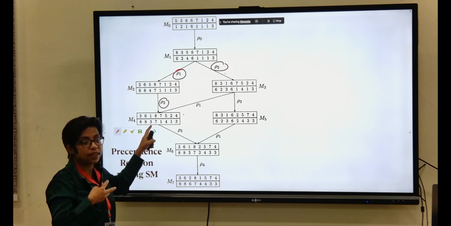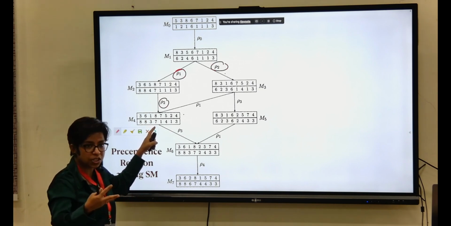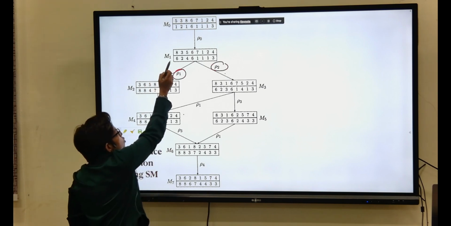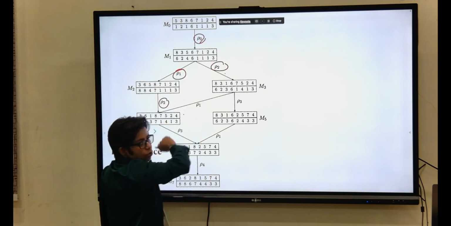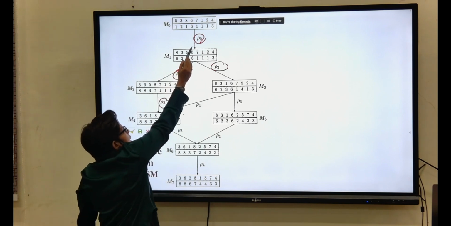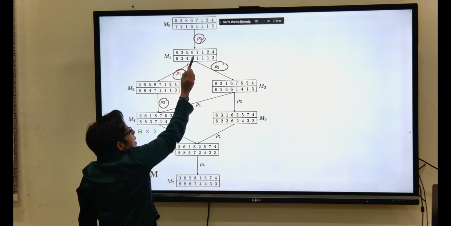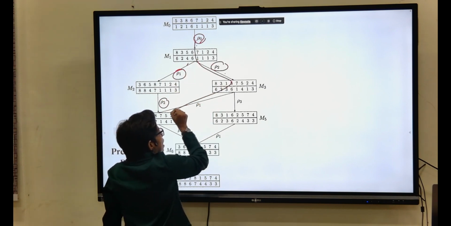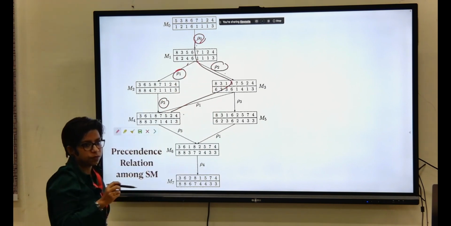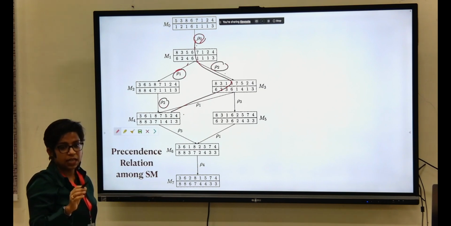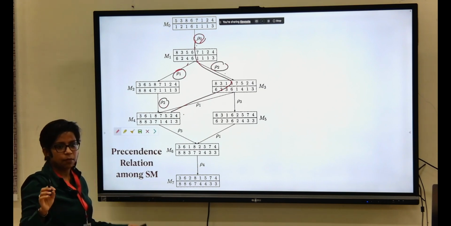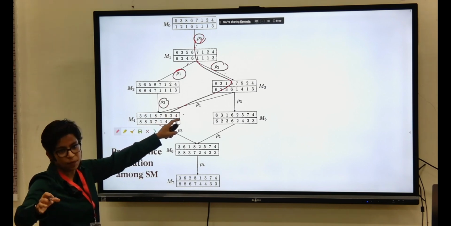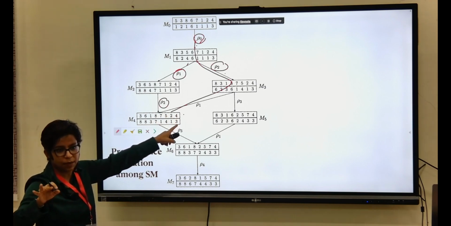But if I look at the subsets of rotations that are eliminated, they are all the same. So from mu 0 I came to mu 1 by eliminating rho 0. Then along this chain I get rho 0, rho 1, rho 2, and along this chain also I get rho 0, rho 1, rho 2. The ordering of the labels might be different, but you see the exact same labels.